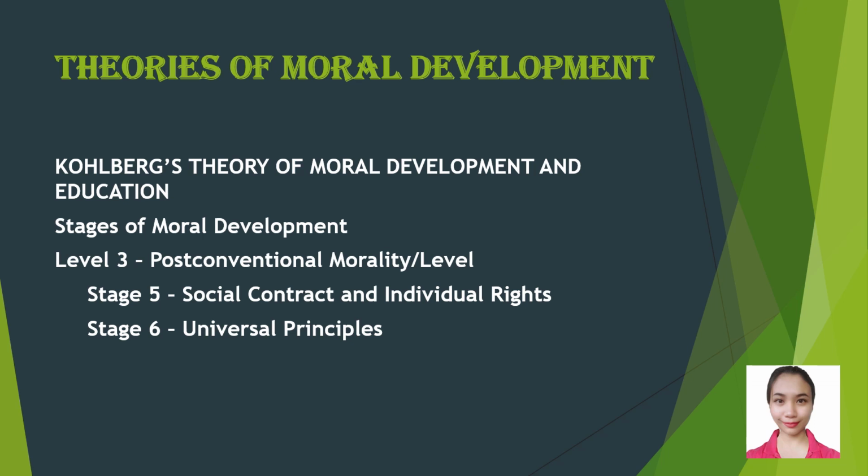So, we have the last stage class, which is the universal principles. Kohlberg's final level of moral development, moral reasoning, is based on universal ethical principles and abstract reasoning. At this stage, people follow these internalized principles of justice, even if they conflict with laws and rules.